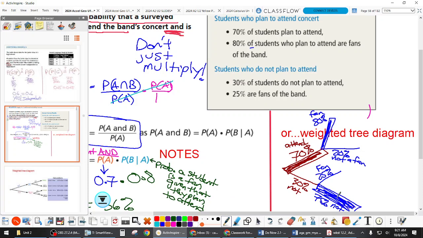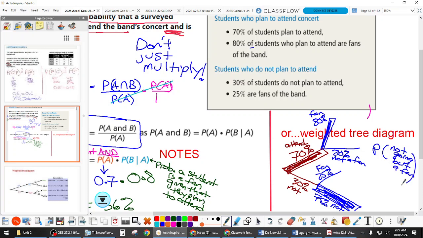So this one says, what was the probability that they were going and a fan? So go down the going branch and then the fan branch. 70 and 80. So same thing, right? 56. If I said, what's the probability of not going but a fan?